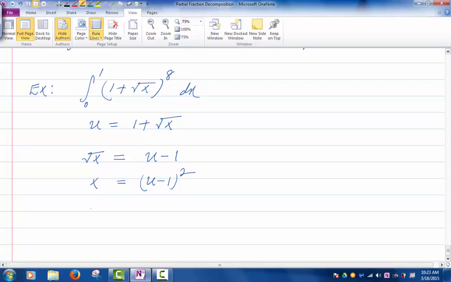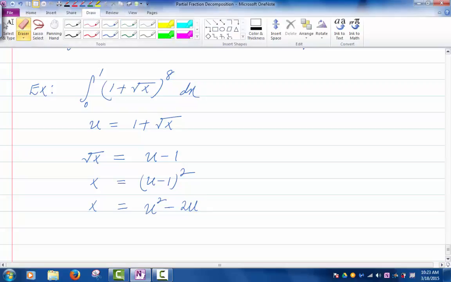Square of that, right? In other words, then I am picking x to be u squared minus 2u. Well, I don't have to do that. Sorry. I don't have to do it now.